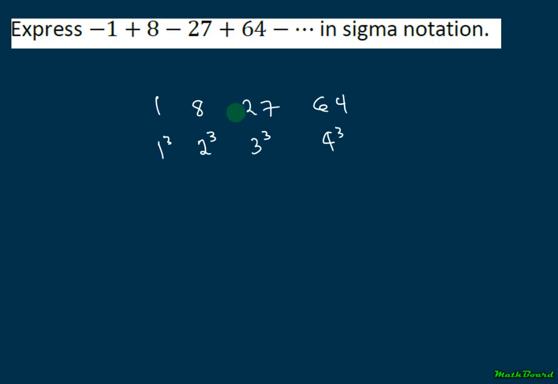So, this means that the nth term is i cubed, right? But alternating yung sign, so we start by multiplying negative 1 to the i because negative yung start, times i cubed. From 1, then the last term is not identified, to infinity. So this is the sigma notation. Negative 1 to the i times i cubed from 1 to positive infinity.